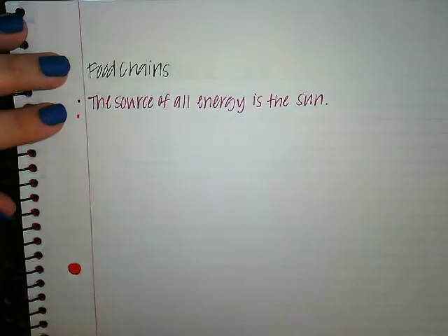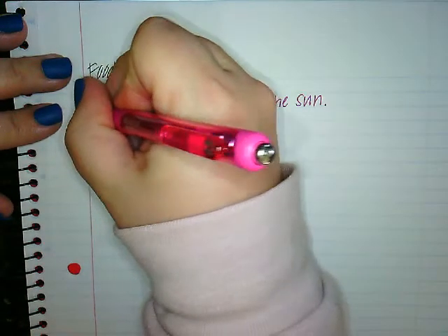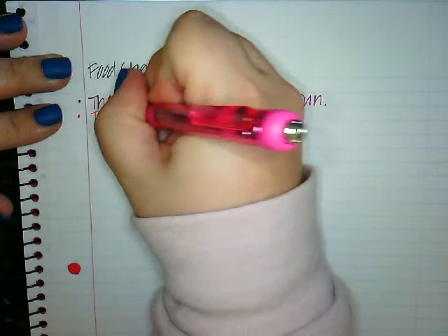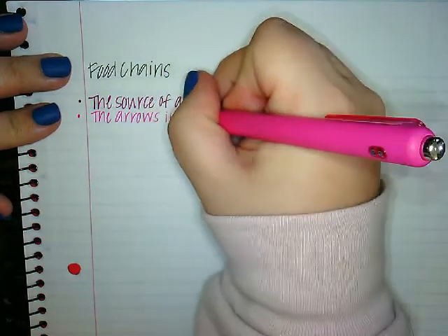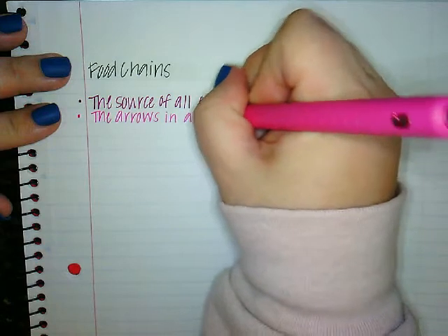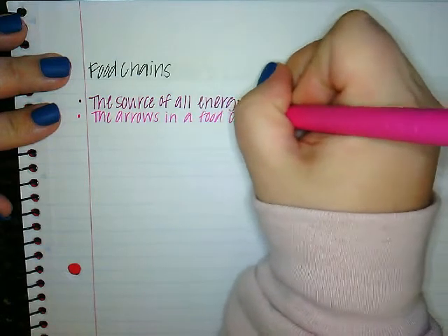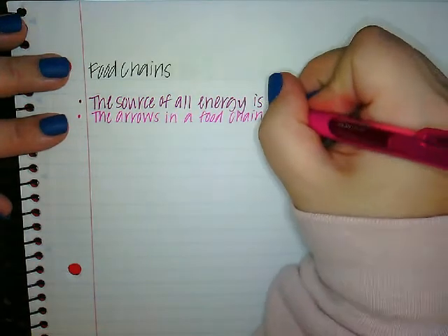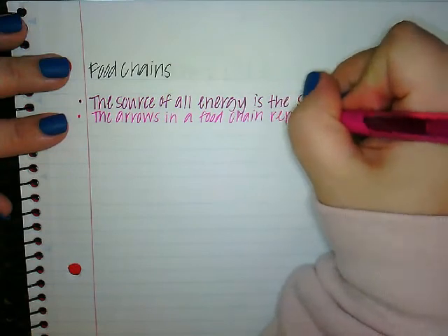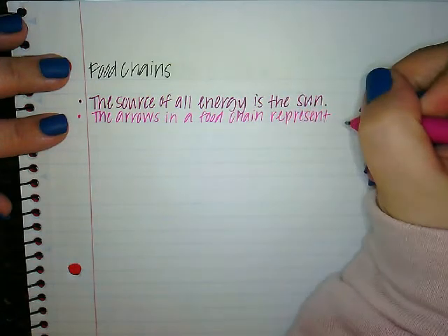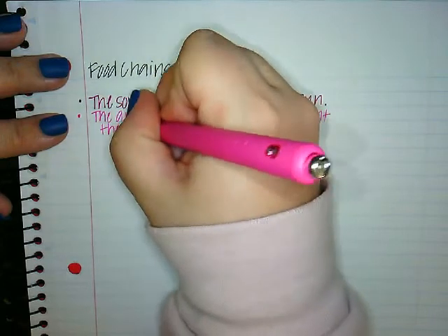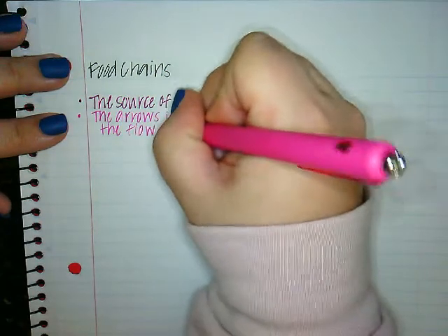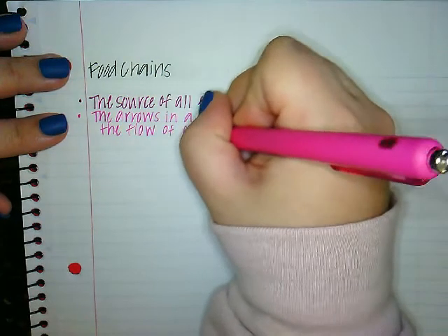We're also going to note, and this one is really, really important, that the arrows in a food chain represent the flow of energy.